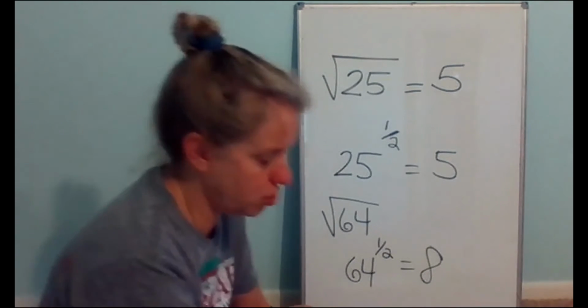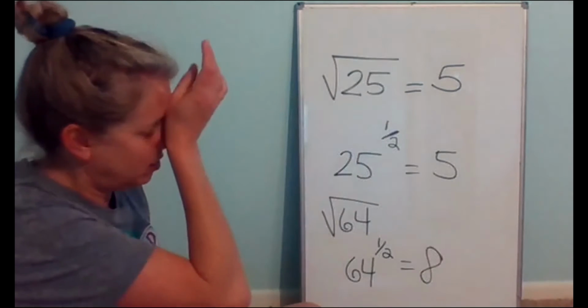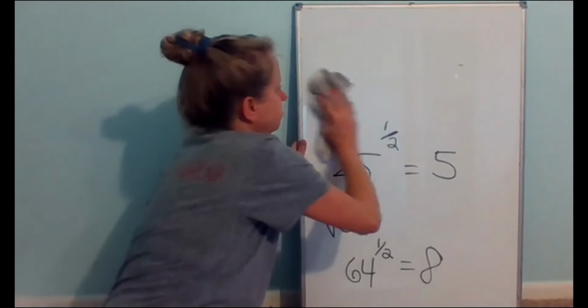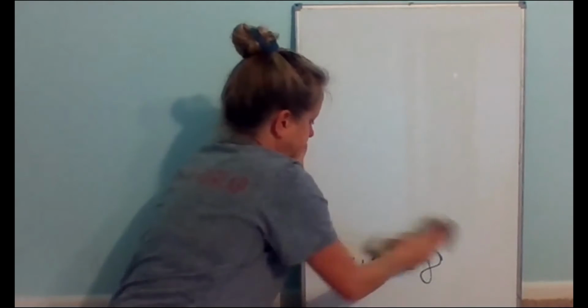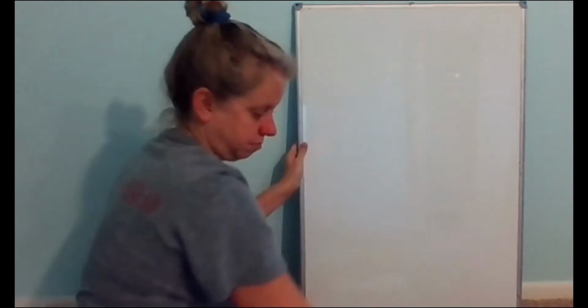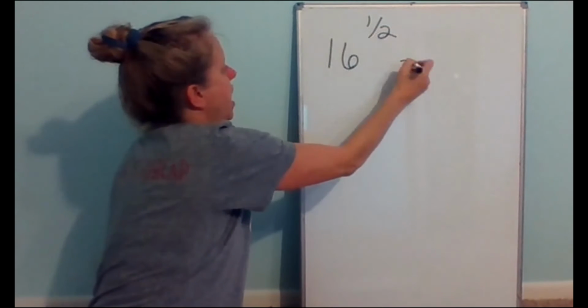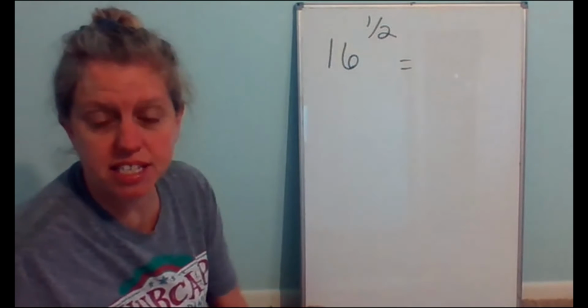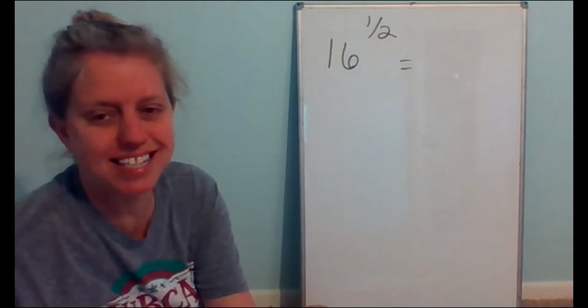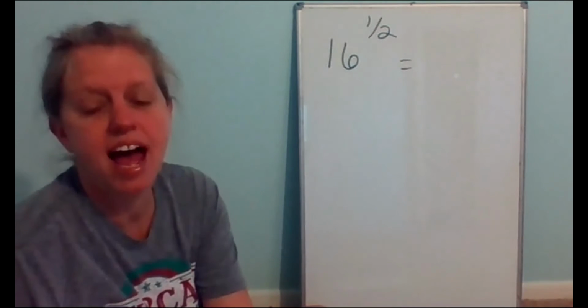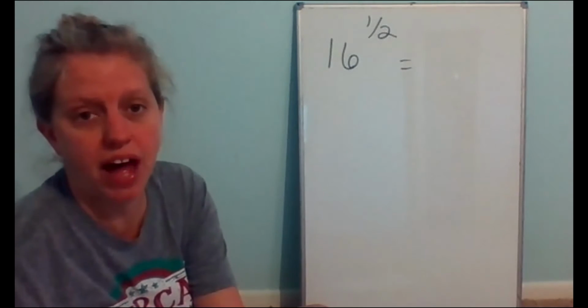Okay, now let's go to our homework. The first one is 16 to the 1/2 power. Remember, raising something to the 1/2 power is the same exact thing as taking the square root of that number.